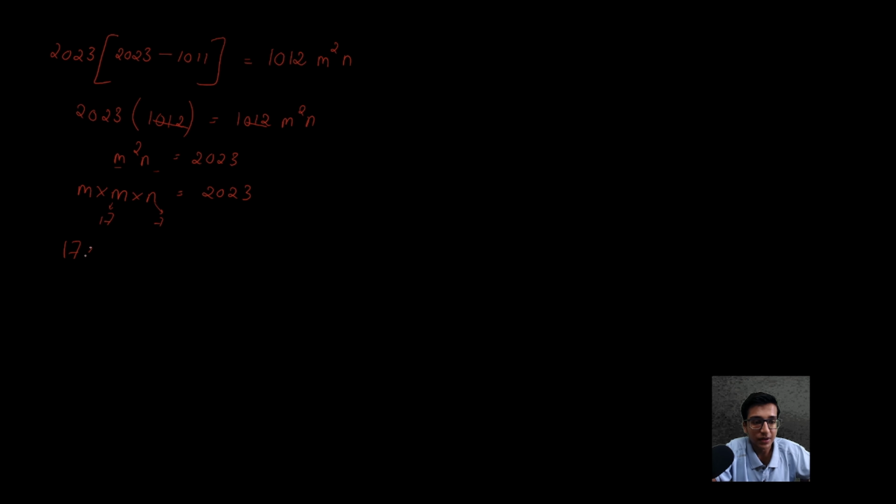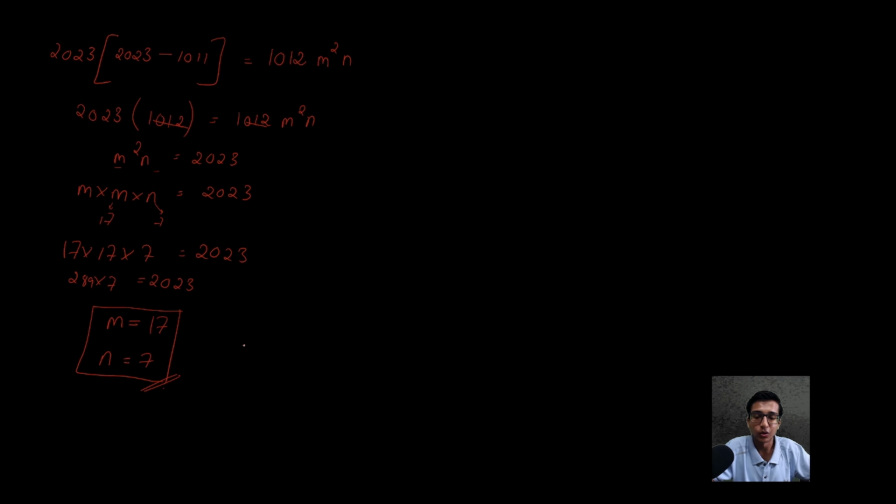So this would become 17 square into 7, which is equal to 2023. This would become 289 into 7, which would come out to be 2023. So we've solved this equation and we've got m is equal to 17 and n is equal to 7. And both are prime numbers, so their GCD will always be 1. So we found out the value of m and n here.